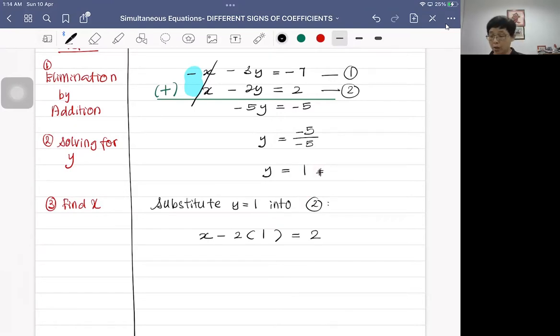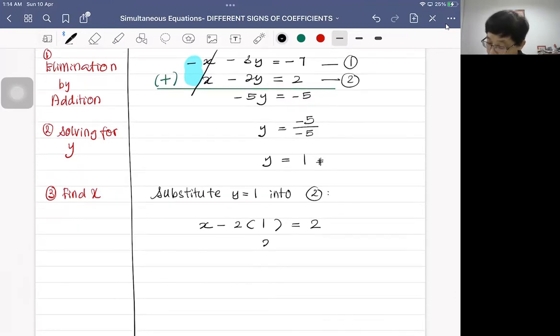All right, so now let me simplify this one first. x minus 2 equals to 2. With one step, congratulations, final answer for x is emerging. Yes, awesome. Now you got x equals to 4.